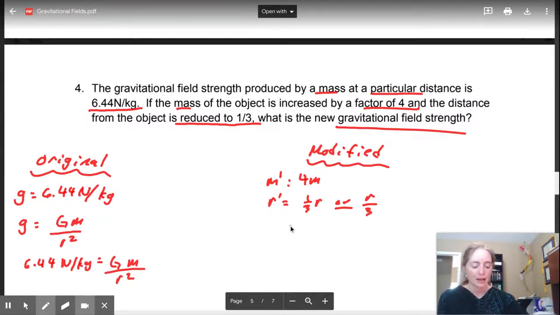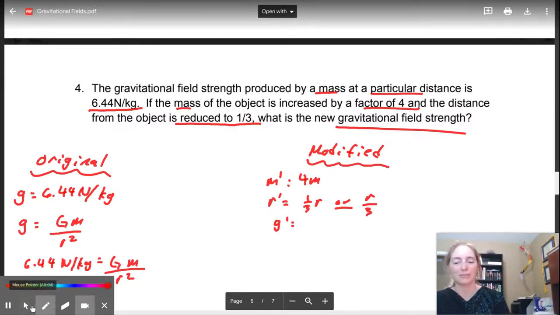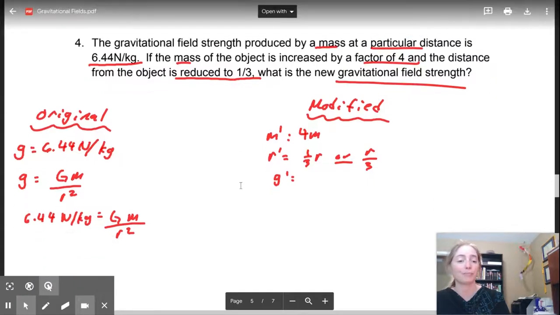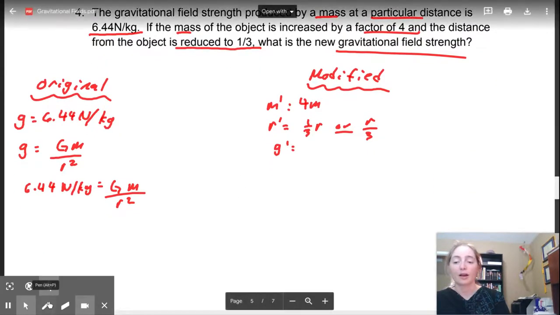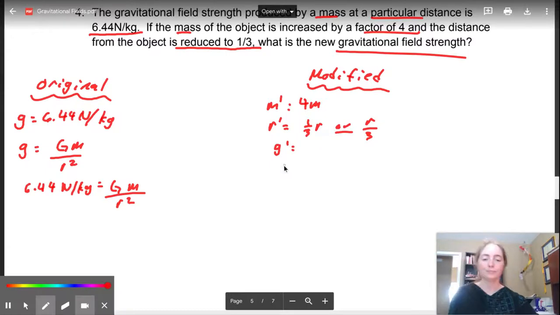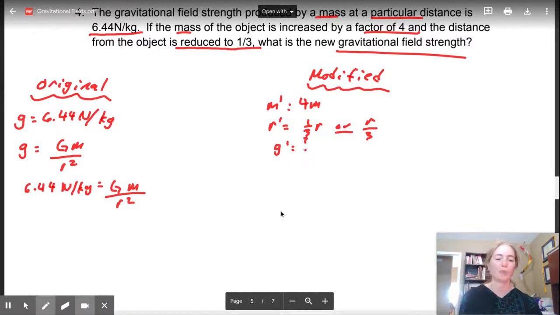Okay, so I need to find out what g prime is. Remember that prime is our thing we're using for modified, and something we're going to be using a lot next year. So our g prime, what we're trying to find, is going to be equal to Gm prime over r prime squared.